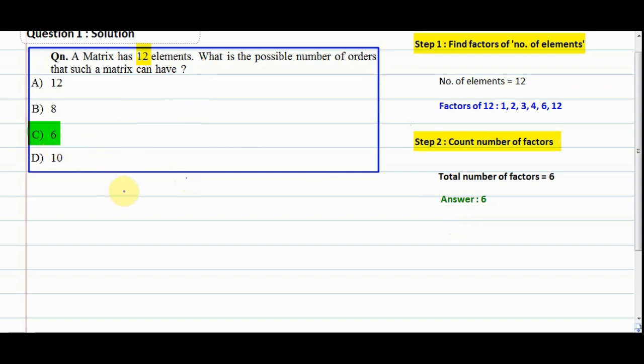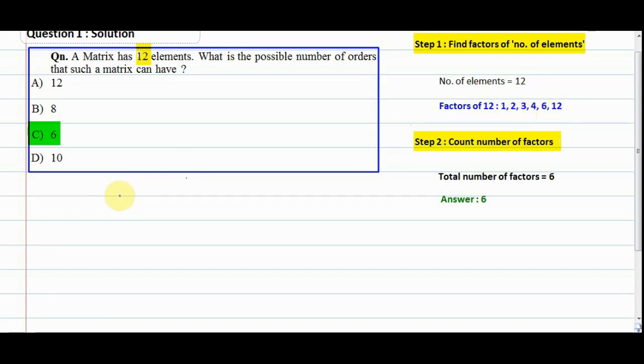Now, let's see what are the possible orders in this case. Here, the dimensions of the matrix will be nothing but factors of this number 12. That means we have 1, 2, 3, 4, 6 and 12 as the factors of 12. So these numbers will be forming the dimensions of the matrix.